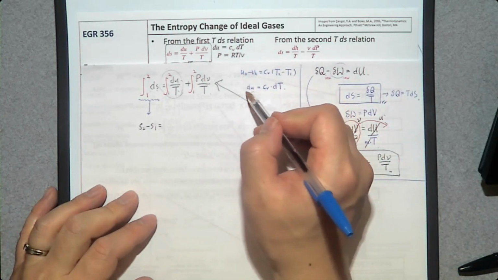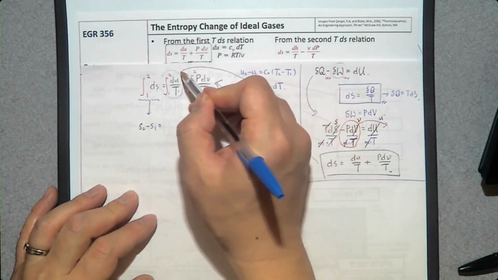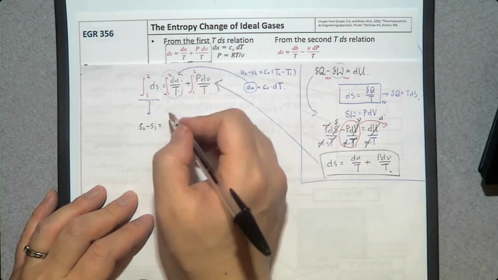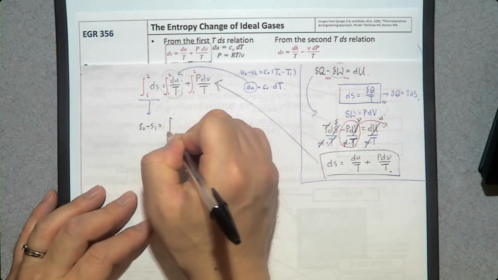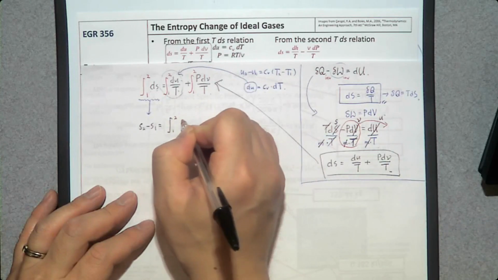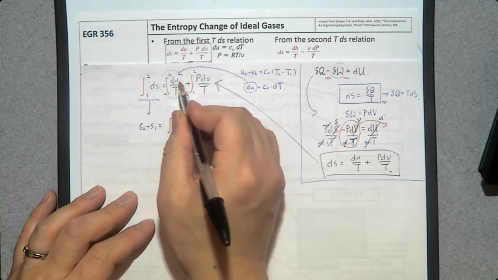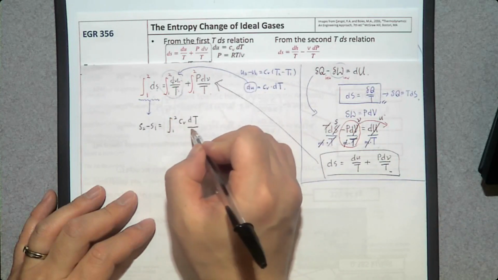We can replace this du with CV dt. Then this equation becomes the integral from 1 to 2 of CV dt divided by temperature.